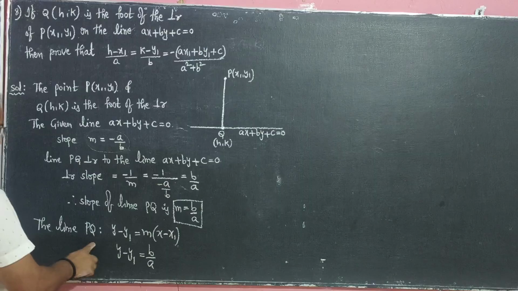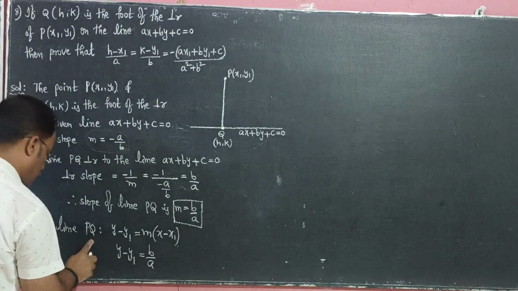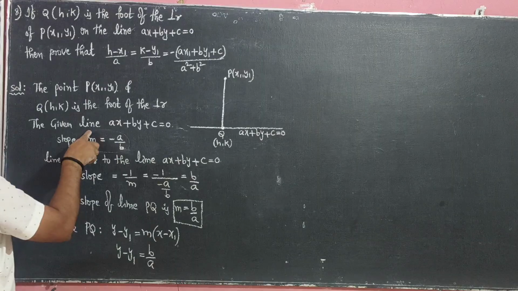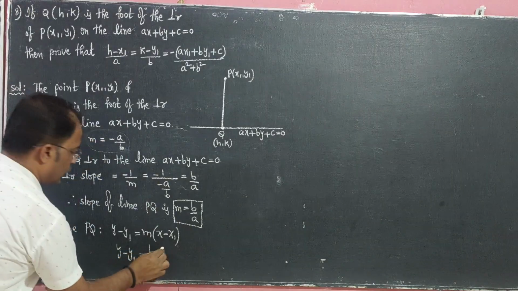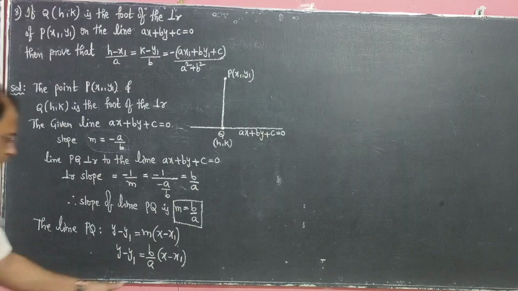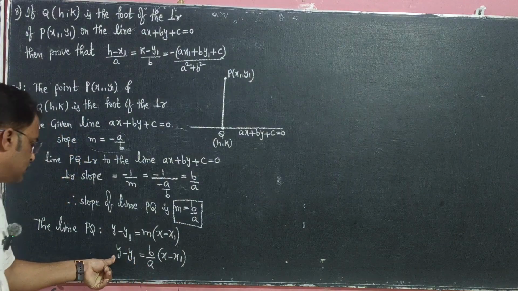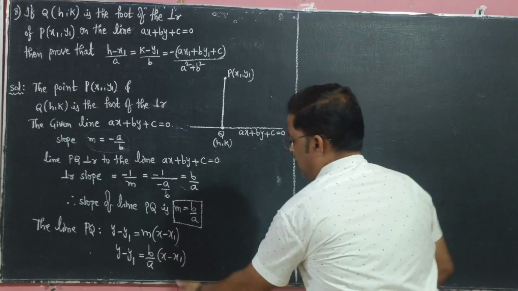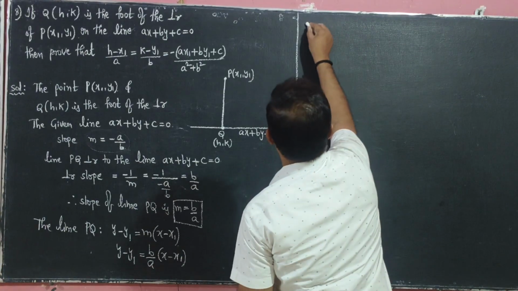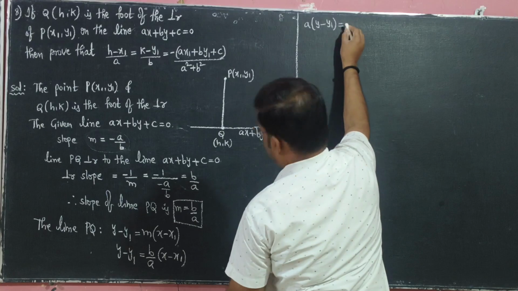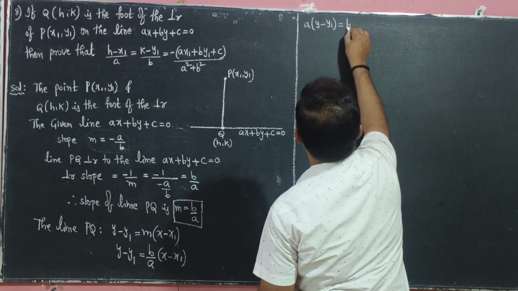This is the line PQ, so substitute the slope of PQ, not the slope of the given line, into x minus x1. Clear? Now cross multiplication: a into y minus y1 equals b into x minus x1.